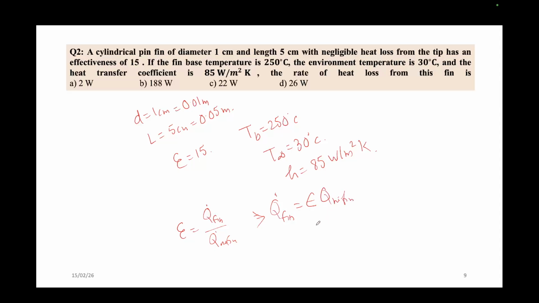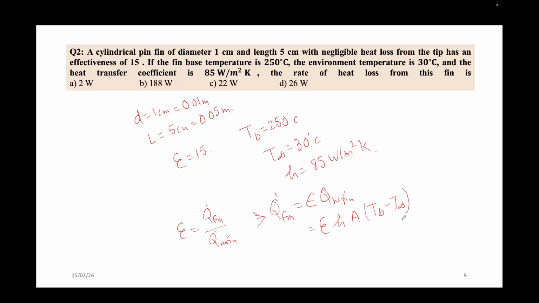What is Q no fin? It is purely because of convection, which is h A. If you put the values, you will get the answer. Please let me know what the answer is. Okay, not an issue, that is the fundamental, so no need to tell the answer right now.